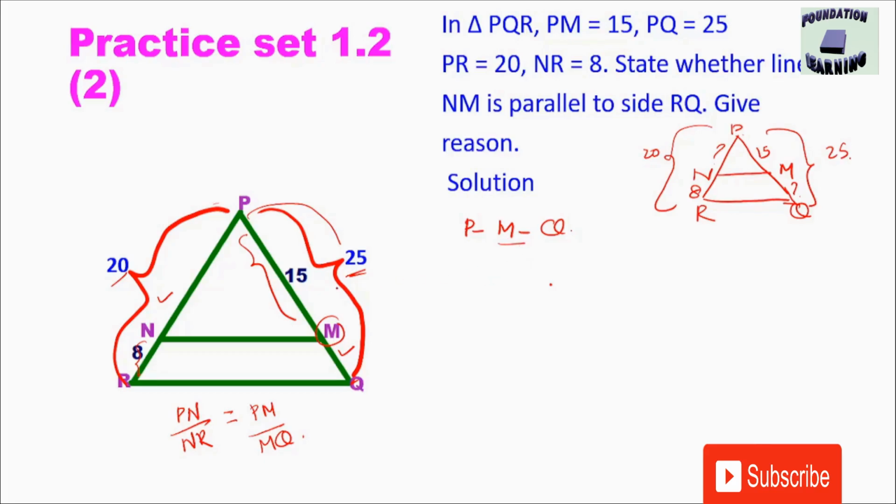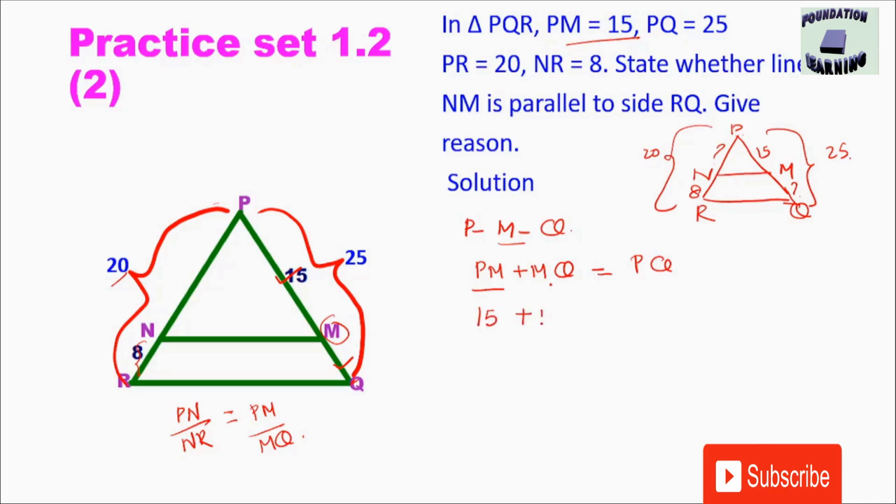Now M is between P and Q. That means PM plus MQ, when we add these two values, we will get the value of PQ. So when we total PM and MQ, we get the entire value, which is PQ. PM is 15.